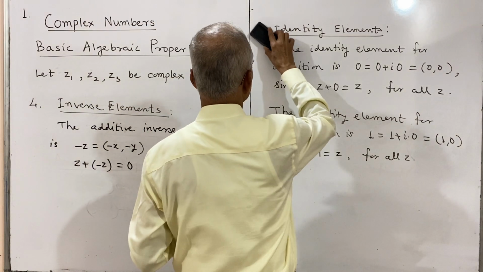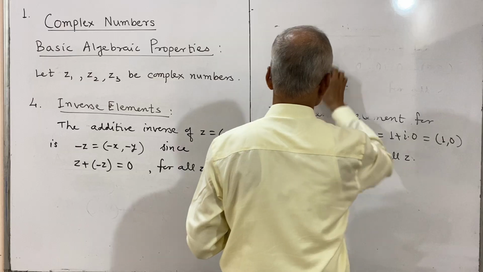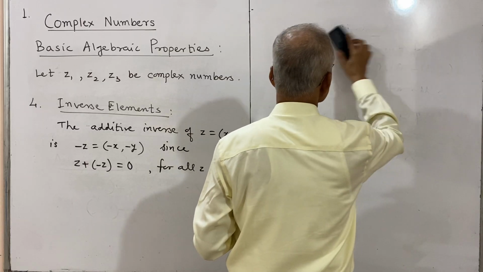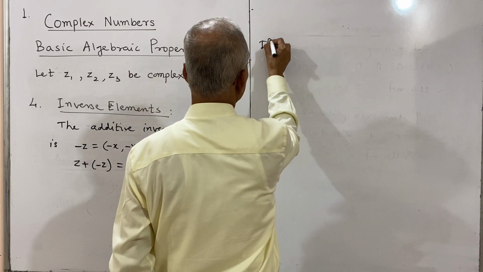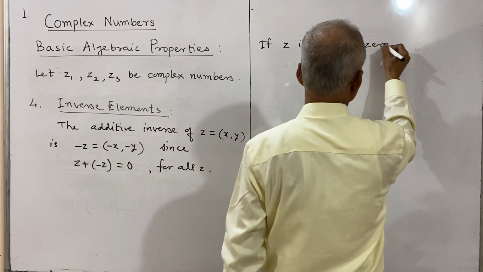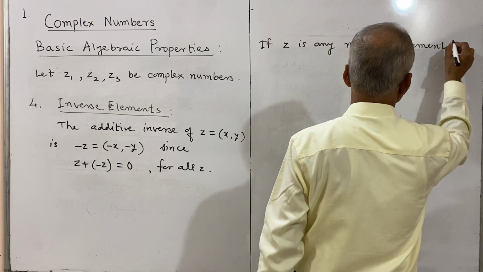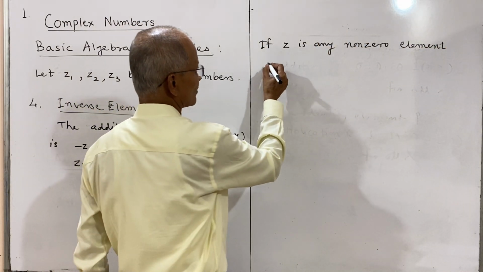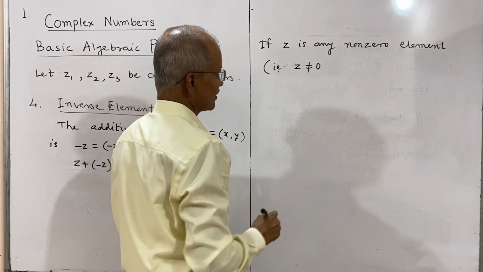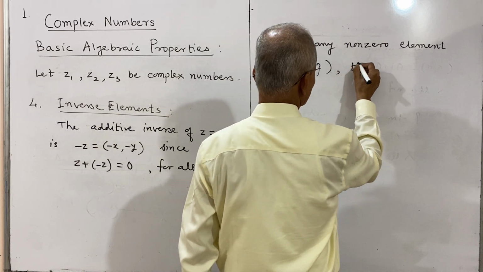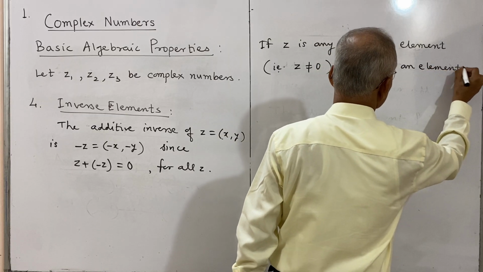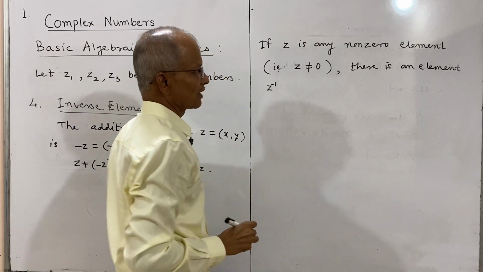Now for every non-zero element z, or if z is any non-zero element, that is z is not equal to 0, there exists an element or a number.